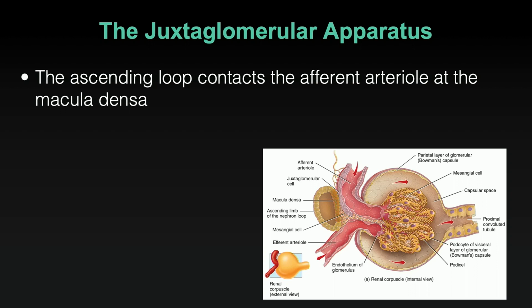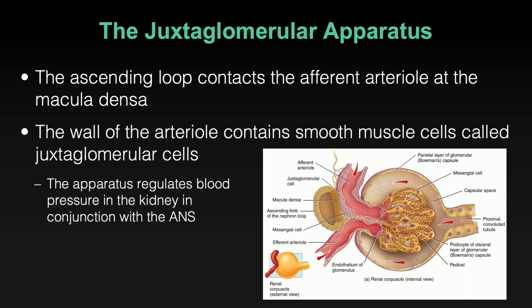So the ascending loop contacts the afferent arteriole at the macula densa. And you can see that here. The entire apparatus is highlighted in blue. So the afferent, the arriving arteriole, contacts the distal convoluted tubule at the macula densa.